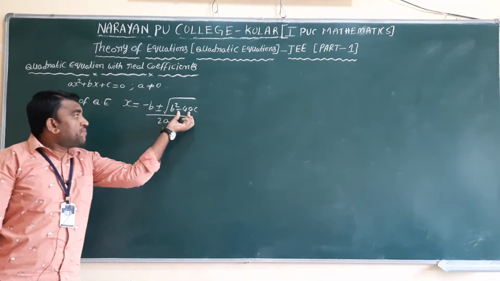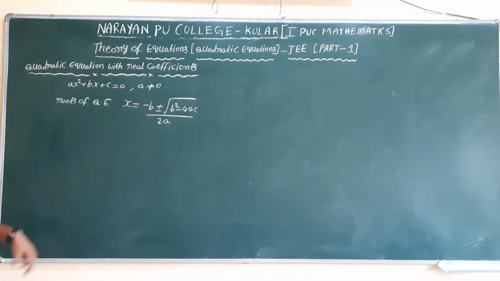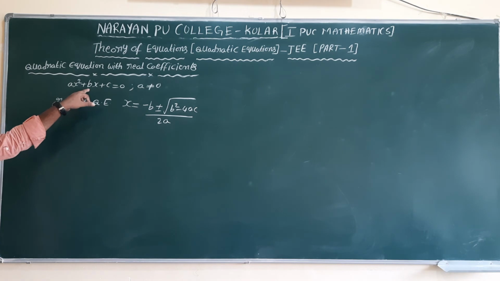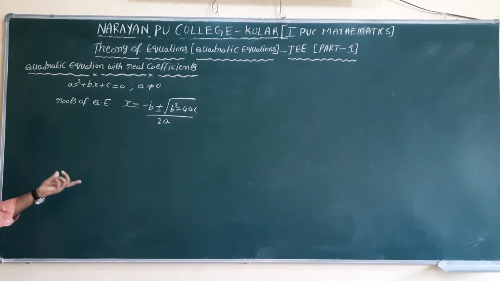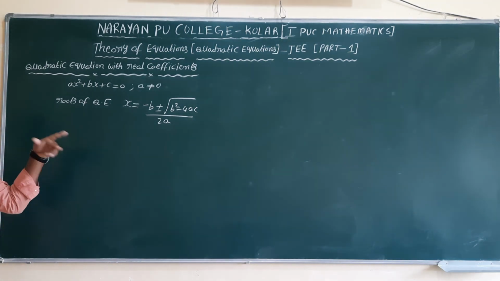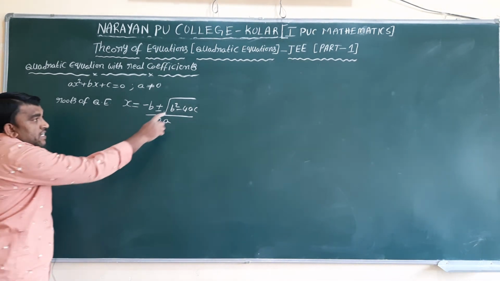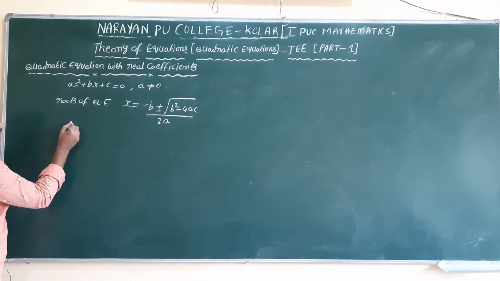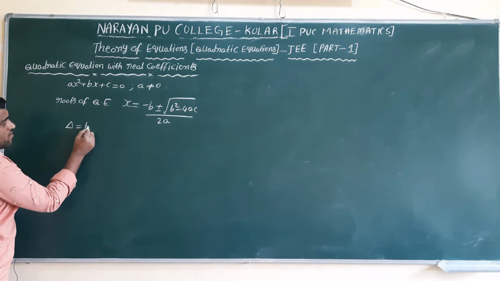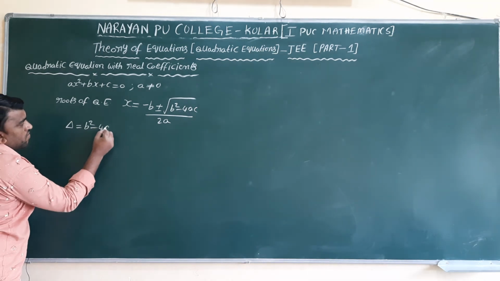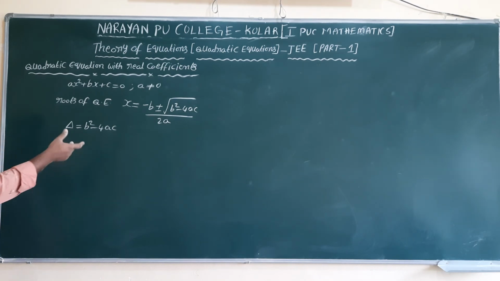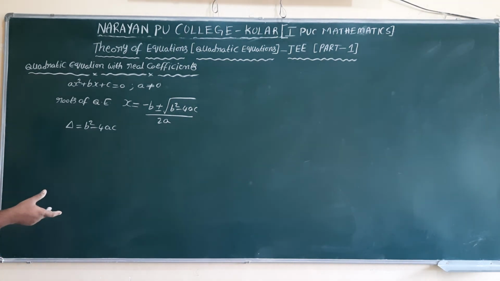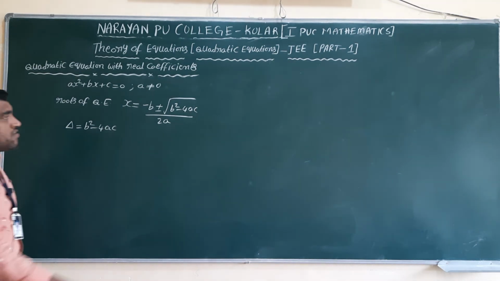Based on the discriminant, we can decide the nature of the roots, whether real or imaginary or equal. We studied all that in lower classes. That discriminant value we can denote by delta. Delta equal to b square minus 4ac. So based on the nature of the discriminant, we can say whether the roots are real, imaginary or equal.